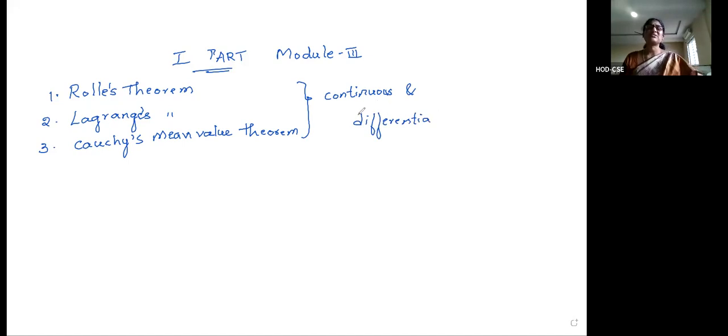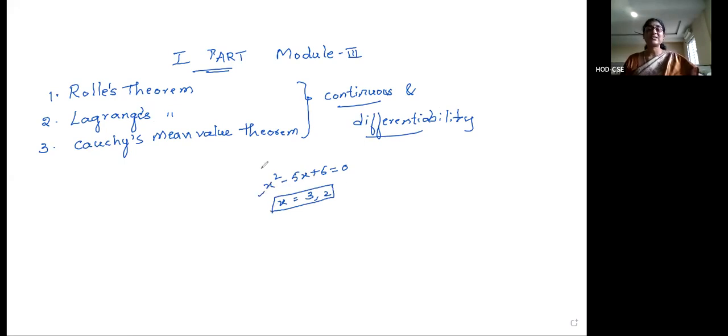Because before going to these theorems, we need to understand literally what the continuity and the differentiability of the functions are. Suppose I have x square minus 5x plus 6 equal to 0, a polynomial equation. You all know that x is equal to 3, 2 are the values for the function. That means they are the roots of the function.